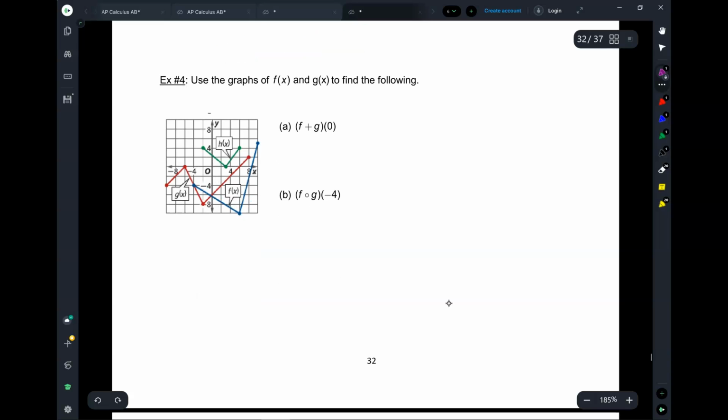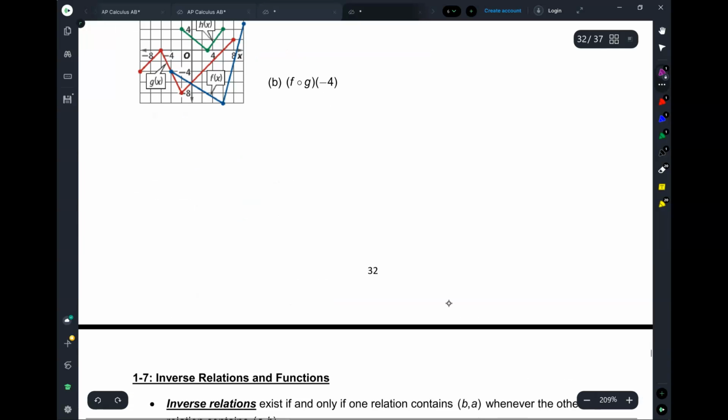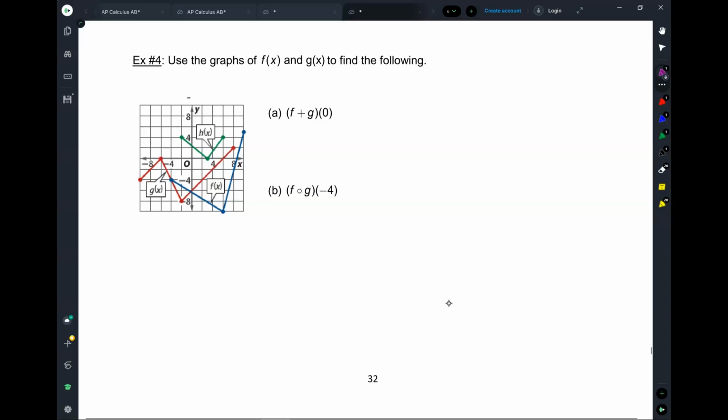All right. Lastly, let's take a look at this. Here we've got f plus g of 0. You're given a graph. On the graph, you've got f of x, g of x, h of x. And what you want here is f plus g of 0, which is f of 0 plus g of 0.